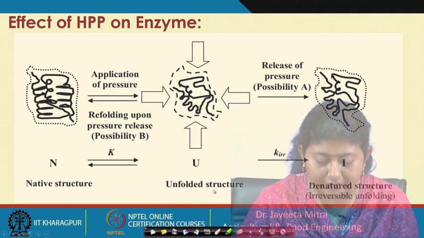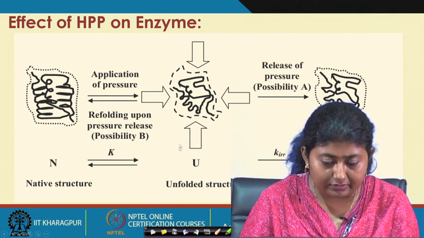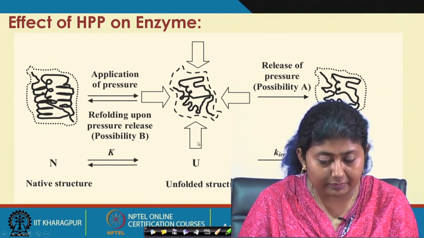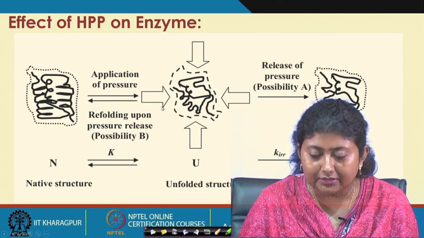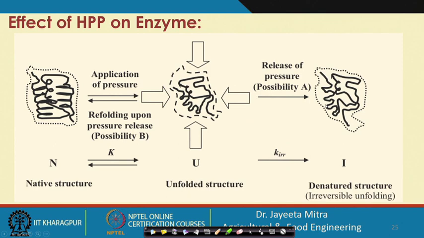So, we can see that when an unfolded structure enters into an HPP chamber and we provide the isostatic pressure, it may happen that condition A arises, that is, release of the pressure will cause a denatured structure of the protein, or it may happen that the release may cause the unfolding state to native state conversion.